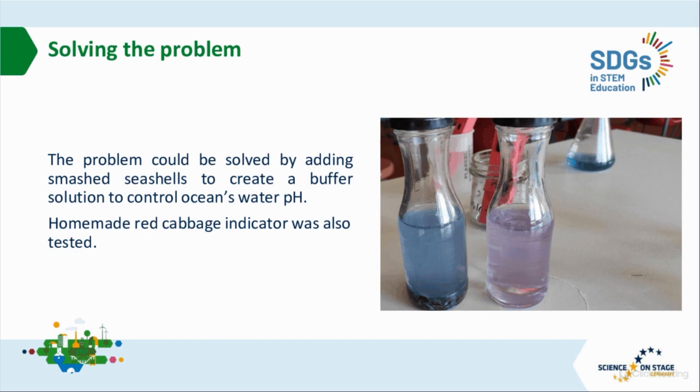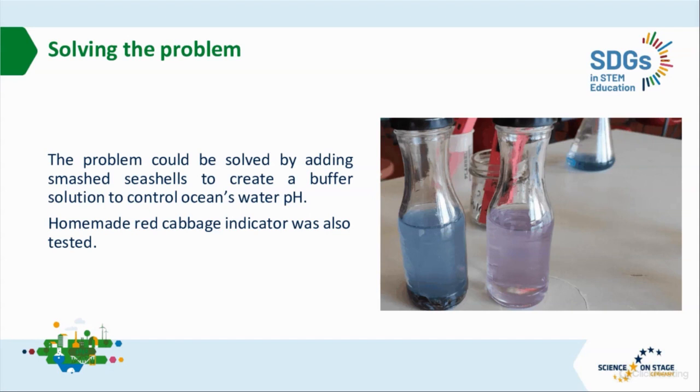And then we asked them to think about how we could try to solve this problem. They proposed to collect some seashells from the beach, smash them, and add them to the water samples, maybe to use that as a buffer solution.